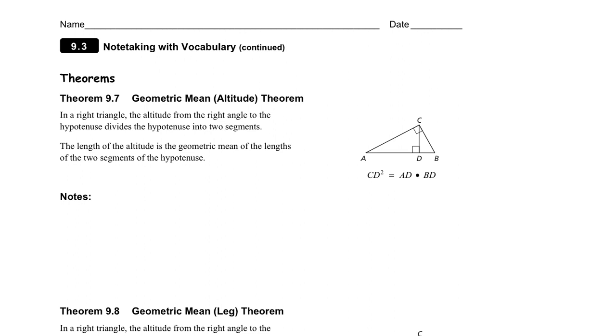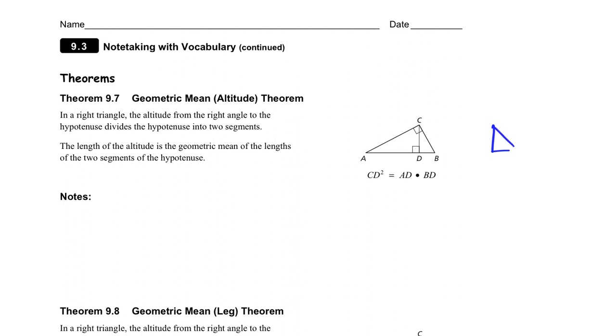Now we have some theorems that deal with the geometric mean. And this also goes back to the triangles being similar, which means the side lengths are proportional for the theorem to work. So real quick, let's look at the two smaller triangles drawn separately.